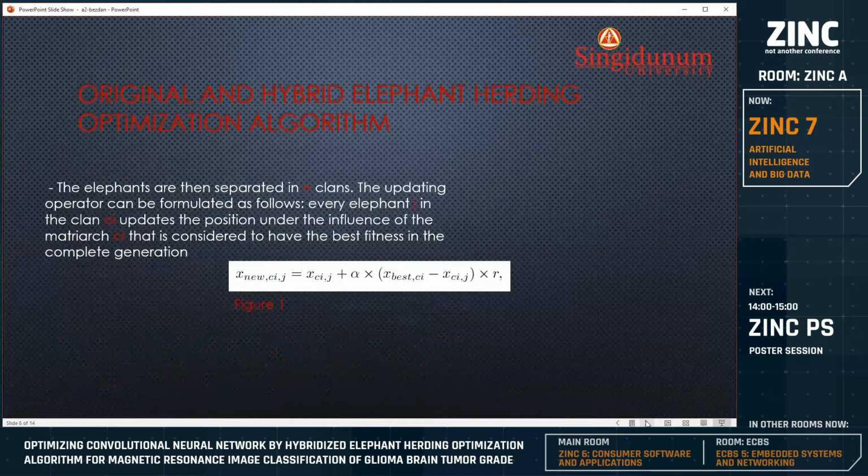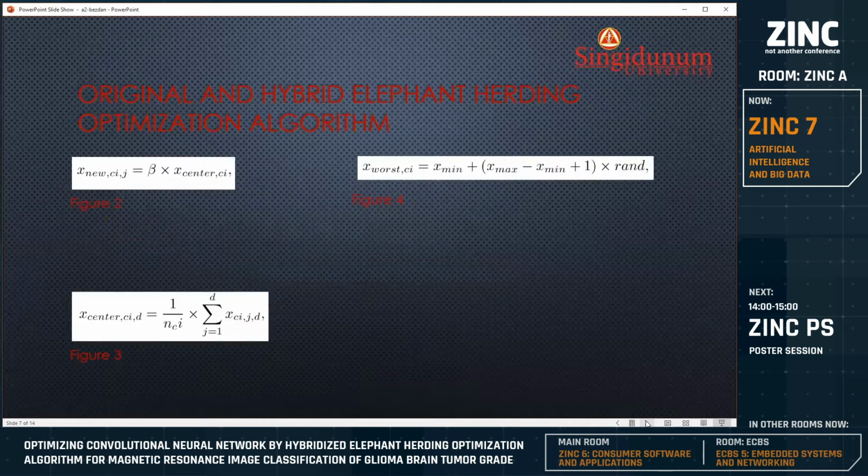So here, firstly, looking at figure 1, the elephants are separated into n clans. The updating operator can be formulated as follows. Every elephant j in the clan ci updates its position under the influence of the matriarch ci, which is considered to have the best fit in the complete generation, and that is shown here below.